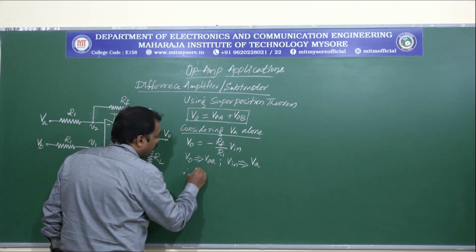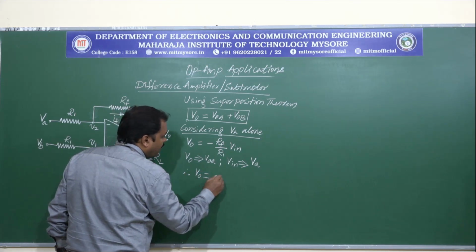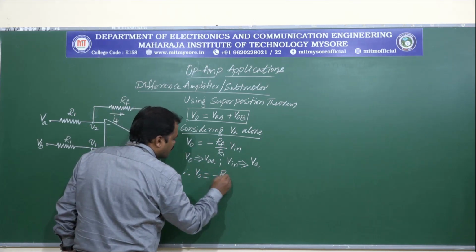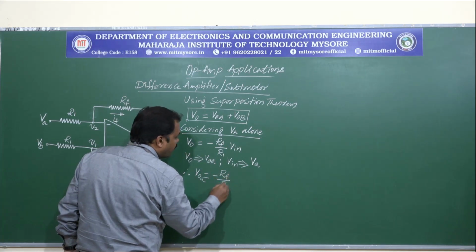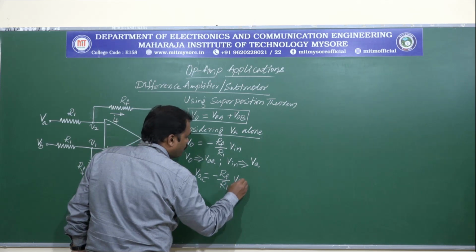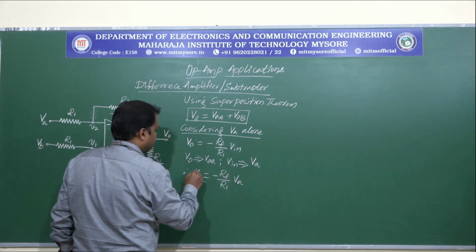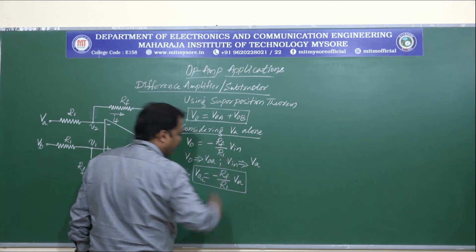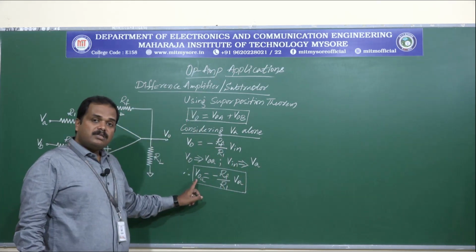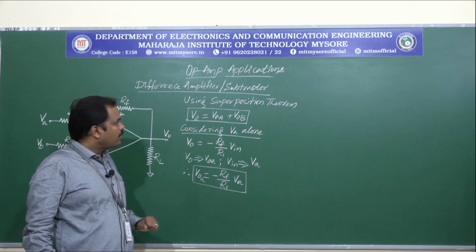Therefore, V0A can be written as minus RF by R1 into VA. So this is the expression what we have for V0A.